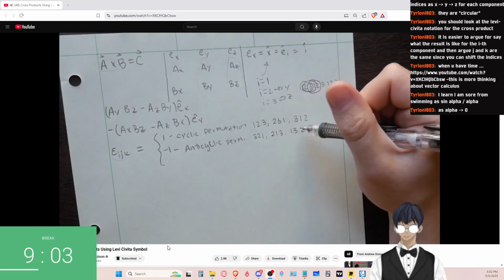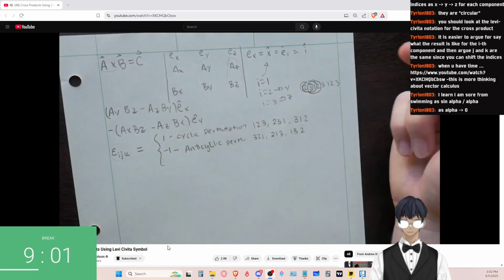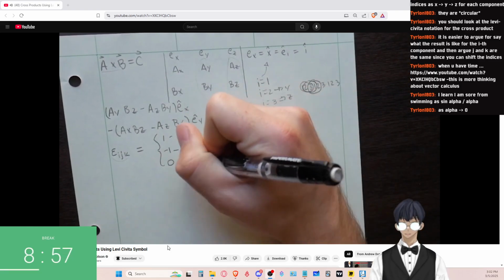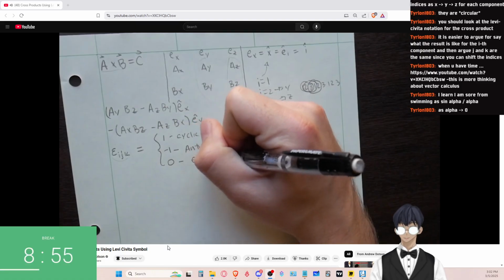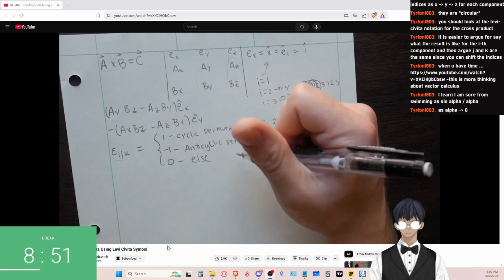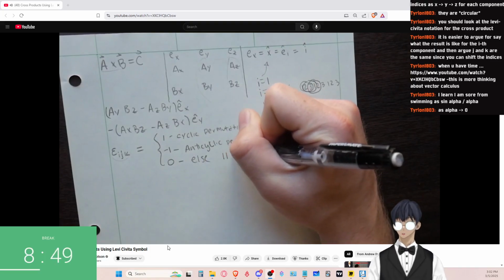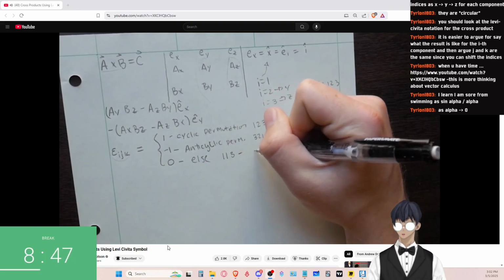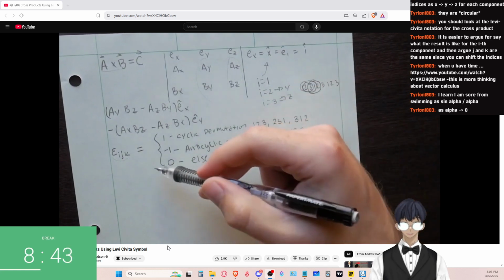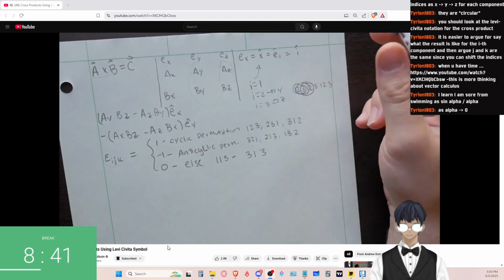If these are the combinations of ijk, the symbol is -1. Lastly, the symbol is 0 for anything else. Typically what this means is if any of the indices repeat, meaning if we have something like 1, 1, 3, or 3, 1, 3, the symbol is 0.